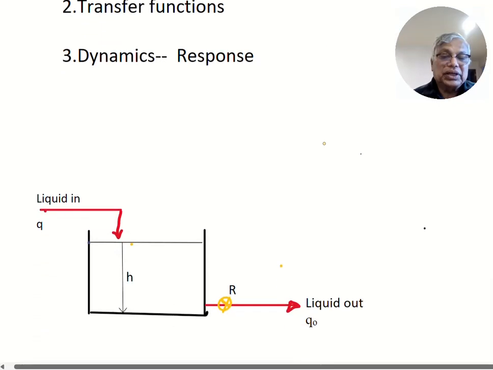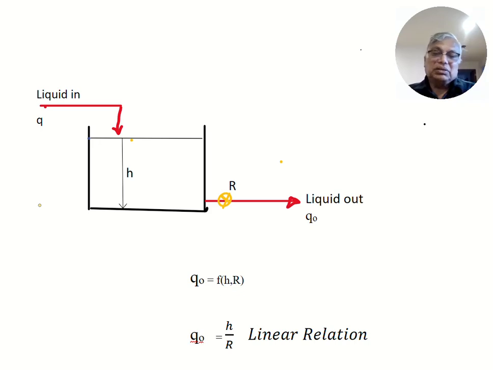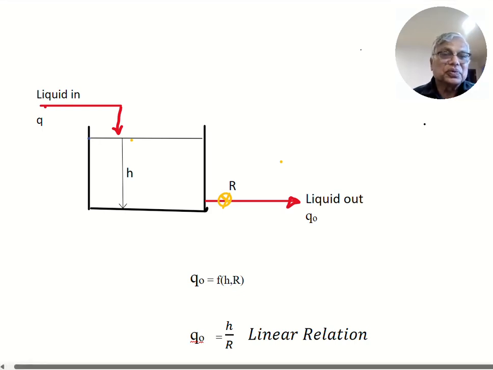For this we will take a simple example. The entire lecture will be illustrated using an example of a first order system. We know simple liquid level in a tank is an example of a first order system. Just to refresh, this is the tank through which a liquid is continuously flowing in and out.